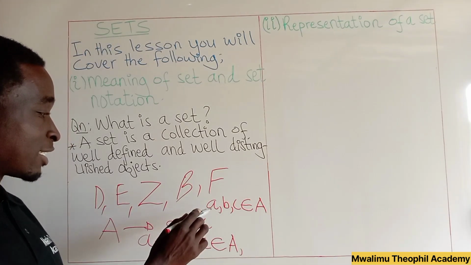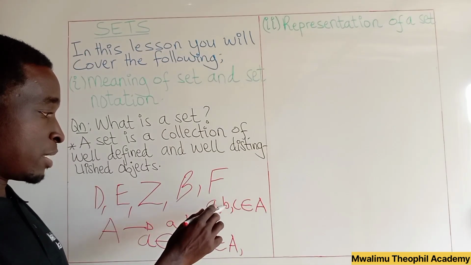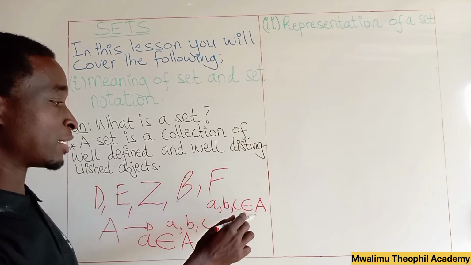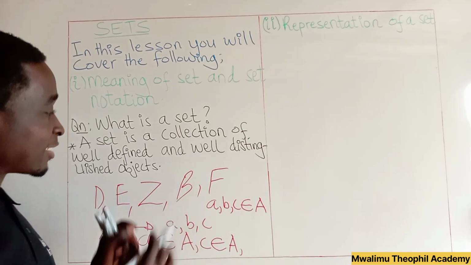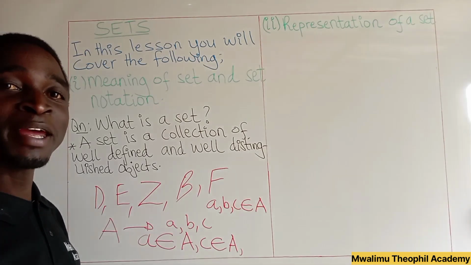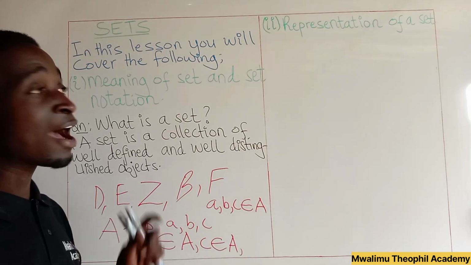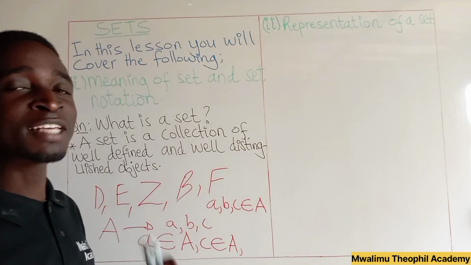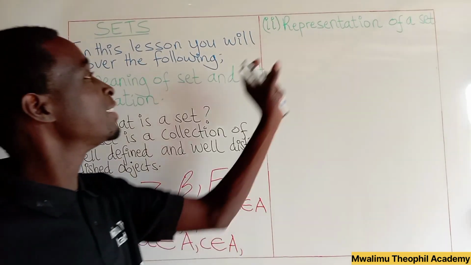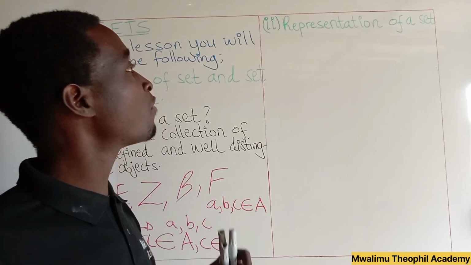So this means that elements a, b, and c are the members of set A. So this is the way we make set notation. After that, let us go to the second part, as I have said. The second part is representation of a set.